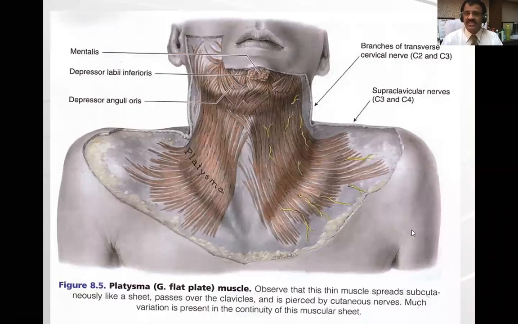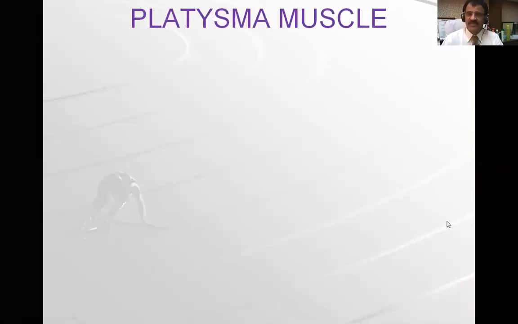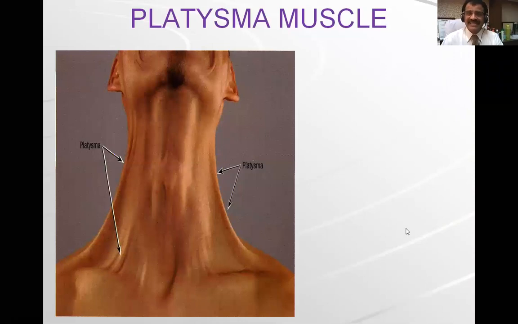And this picture is showing you the platysma muscle on both the sides. Platysma muscle is a subcutaneous muscle. While grinning, it comes out. If you grin like this, you can show it on your own neck also. You can see the contracted platysma on both sides.